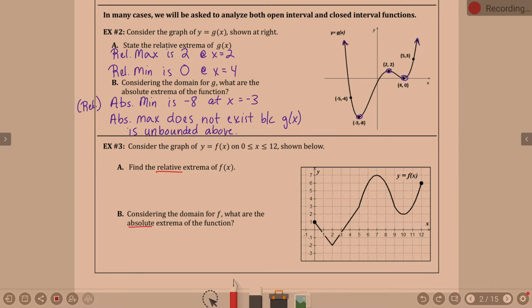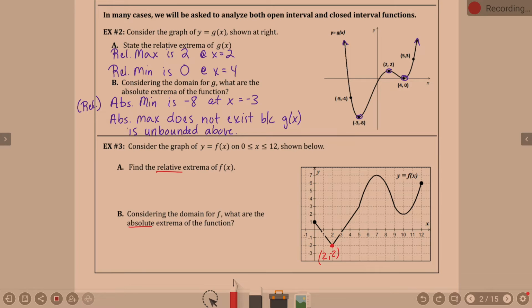2, -2. And what would you like to call 2, -2? It is an absolute min.